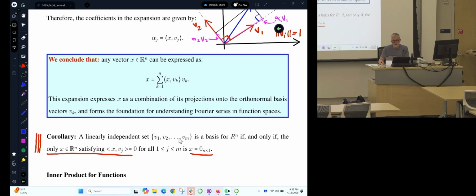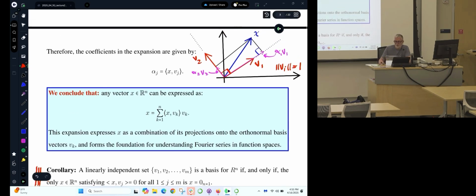Now here's a corollary that comes from this observation here, is that if I have a different set of vectors, and here I'm not imposing that it's orthonormal and I'm not imposing that m is equal to n, but you can show that this set of vectors is a basis if and only if the only vector in Rn that is orthogonal to all of the basis vectors is the 0 vector.